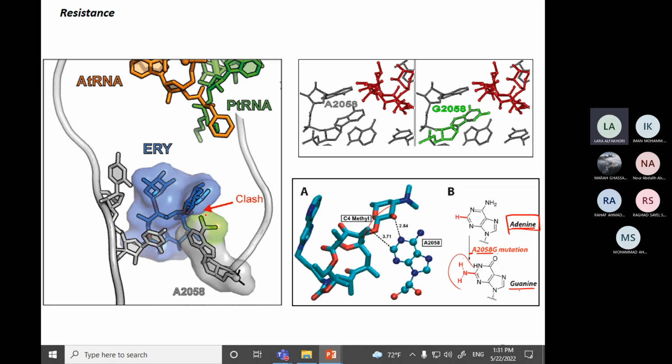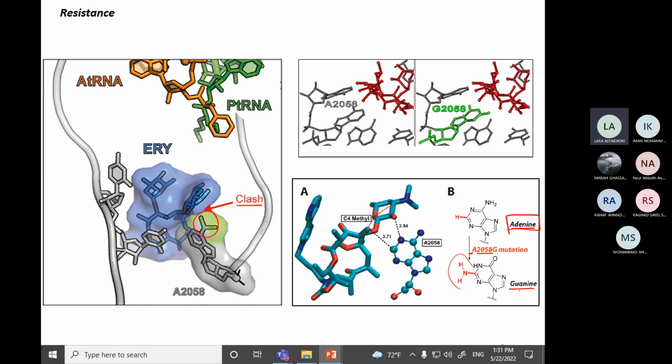And because of this extra amino group that was introduced when changing the adenine into the guanine, that amino group has led to clashes between the macrolide, when it binds where it normally binds, and this guanine.